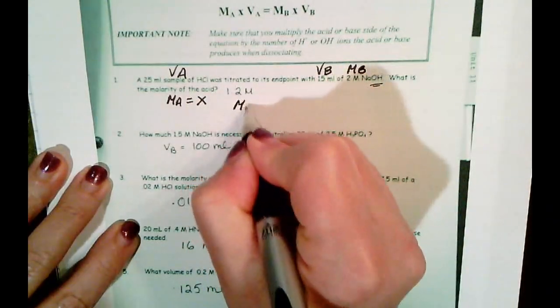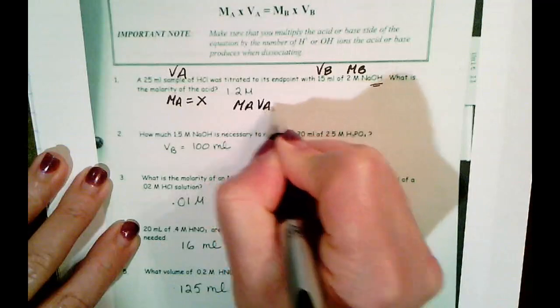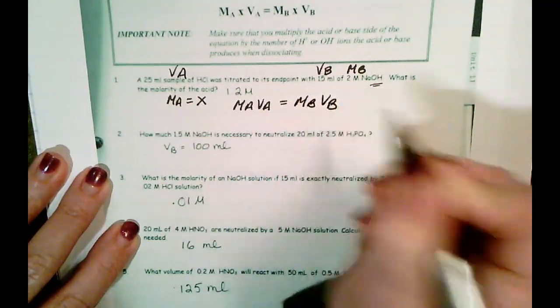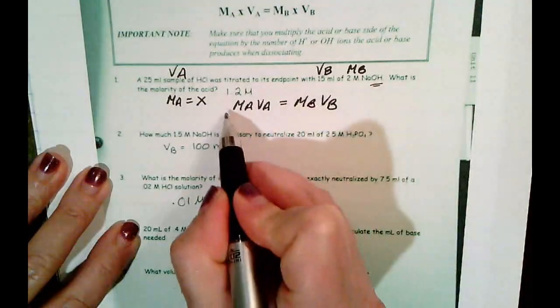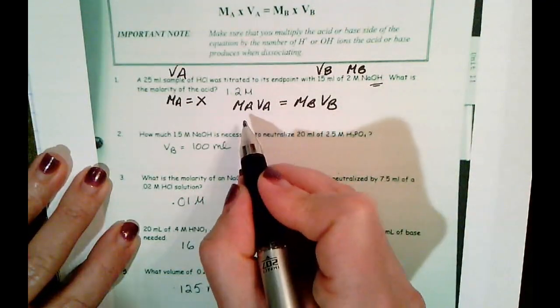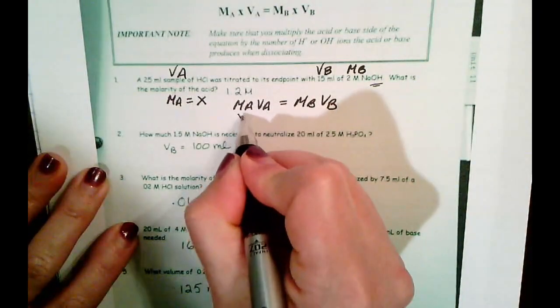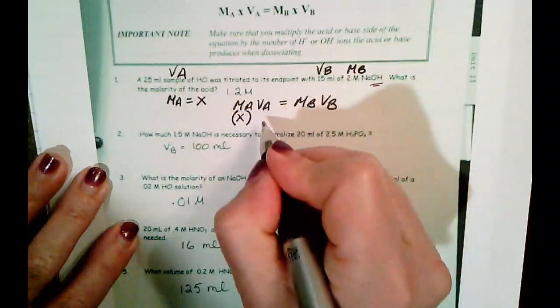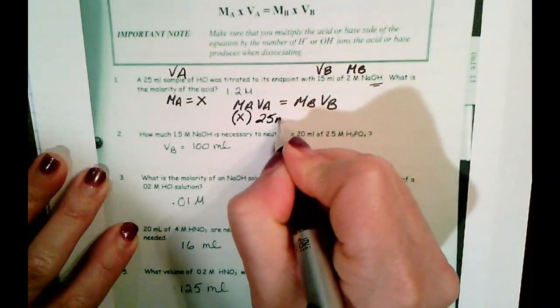So molarity of the acid times the volume of the acid is equal to molarity of the base times the volume of the base. So this would be a 1 and a 1. Molarity of the acid is the unknown. Volume of the acid is 25 milliliters.